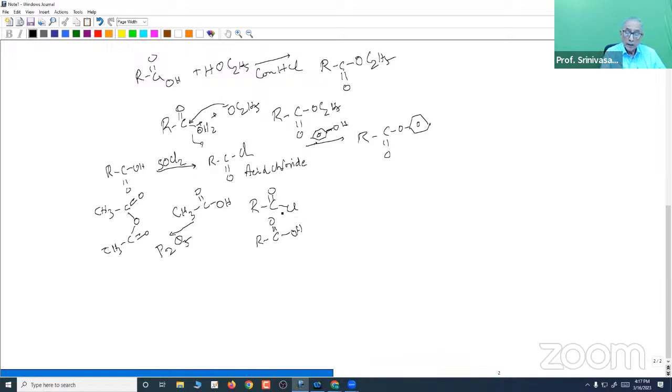The OH will go to this carbonyl and remove the chlorine, and you get this anhydride. The anhydrides are also very easy to convert to the ester. Instead of using the acid and alcohol, you can use the alcohol and the anhydride. This reaction will be faster compared to the esterification with acid and alcohol.